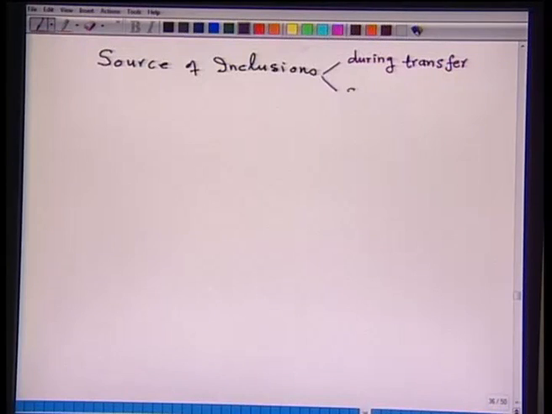Another source of inclusion is during solidification. When steel solidifies, the impurities are rejected into the liquid because of the low solubility of that impurity in the solid.